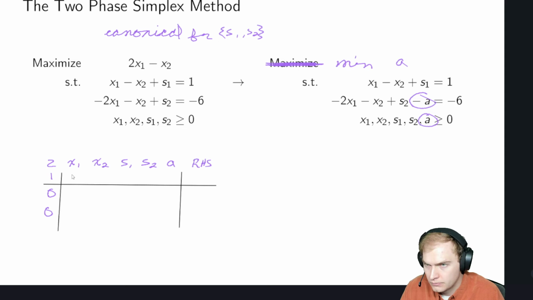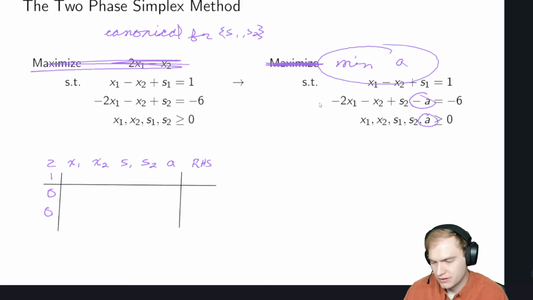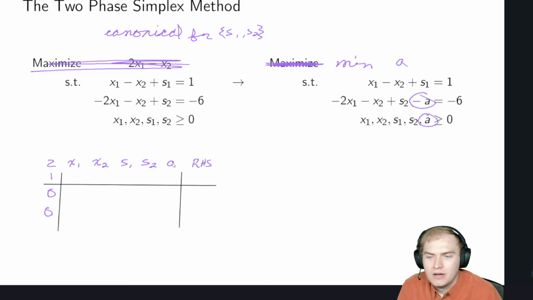And remember, we're not using this objective, we're using this objective. And we're going to negate our objective.